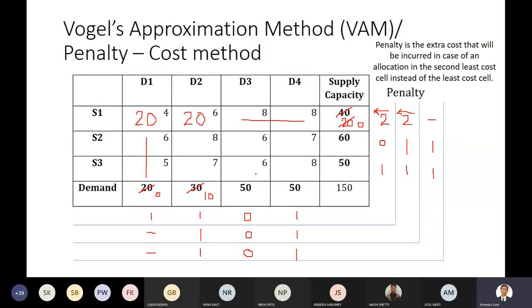Now since the penalties are having a tie, we are considering all of them one after another and seeing in which we get the least cost cell. Whichever gives us the least cost cell, that particular row or column penalty becomes our preference for allocation. Okay. So, sir, in D3 all three were 0, so we took 6, right?